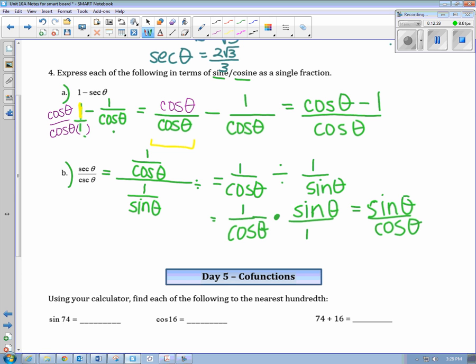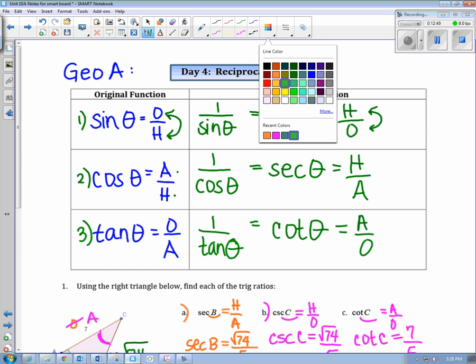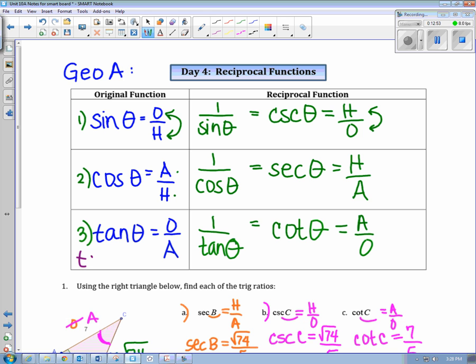Now, if you take a look back at the beginning of your notes, so I'm going to go back a page. One other thing that I want to point out to you is that tangent of theta, in addition to being equal to the opposite over the adjacent, is also equal to sine theta over cosine theta.